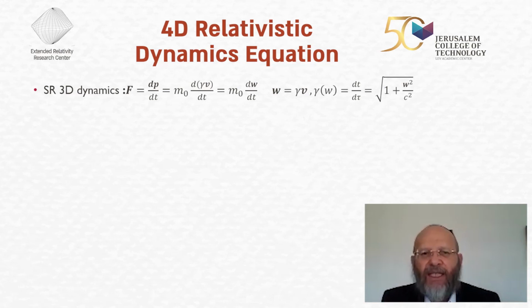Then you can denote gamma v by w. So we can write the derivative of w with respect to t, where w is gamma v. The gamma factor can be translated into terms of w.